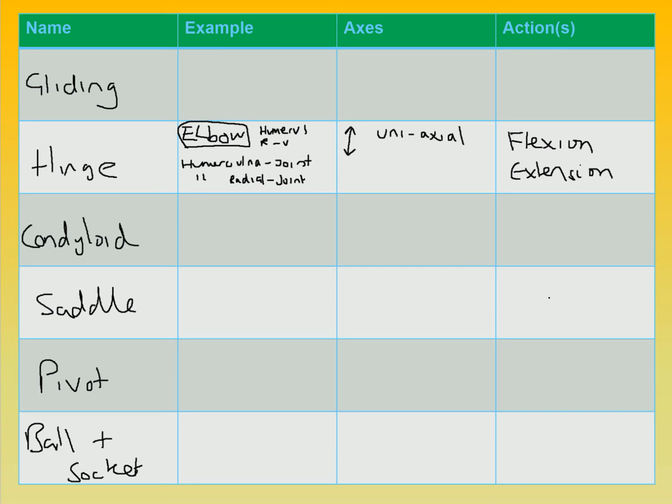Another common joint that we come across in the human body would be a pivot joint. Now, a pivot joint is quite unique, and if you go back a slide or back in the video, you'll see that the pivot is like something in a socket like that, and the actual action that it allows, if I draw that here, is rotation.